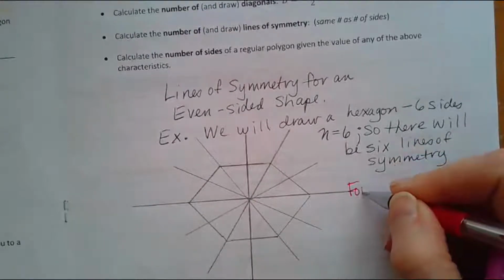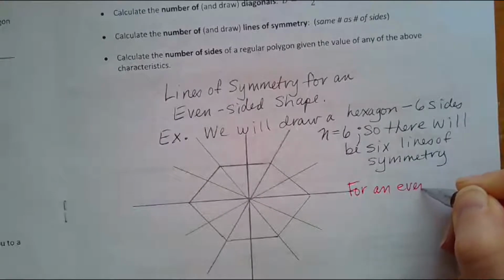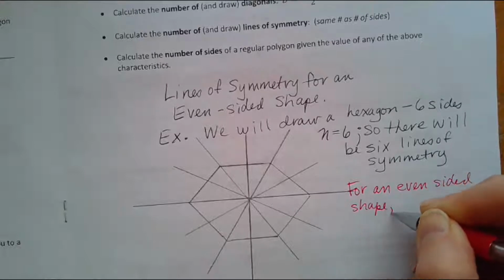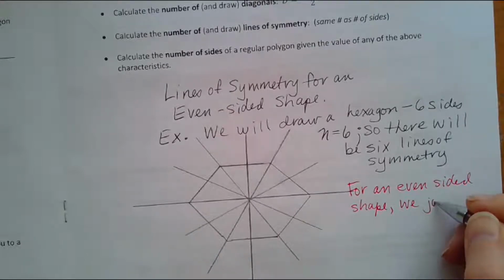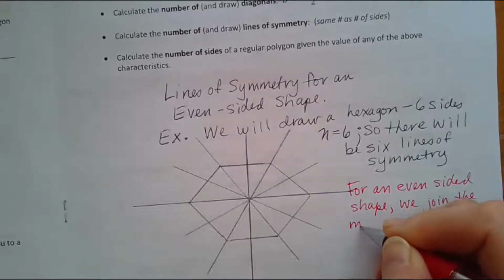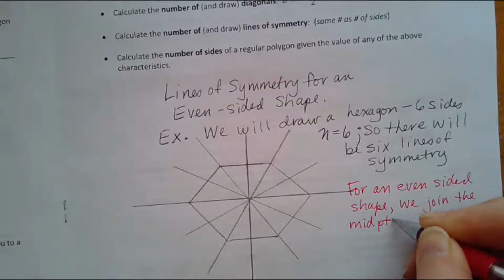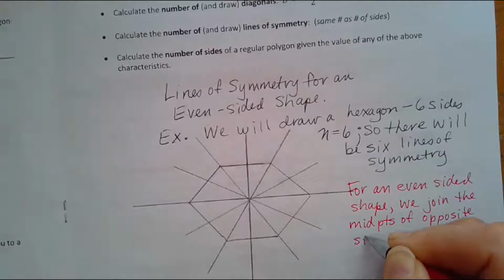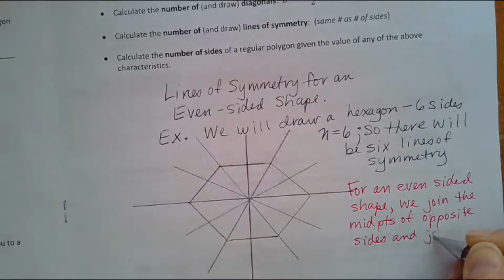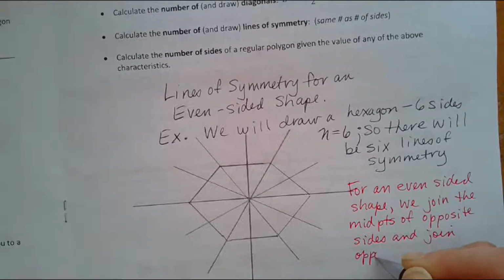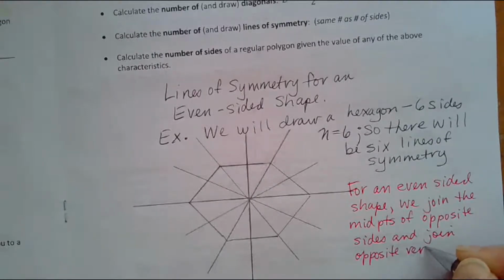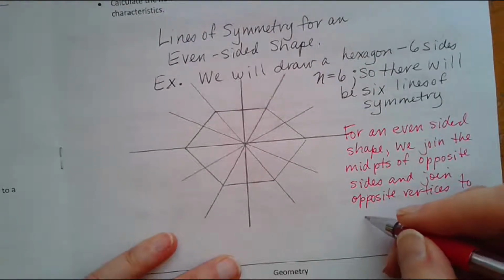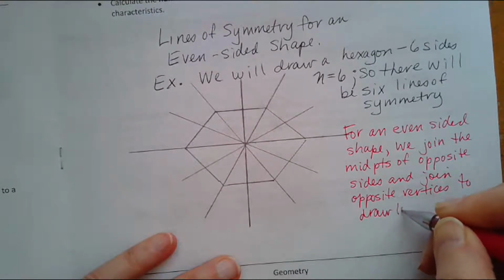For an even-sided shape, we join the midpoints of opposite sides and join opposite vertexes to draw lines of symmetry.